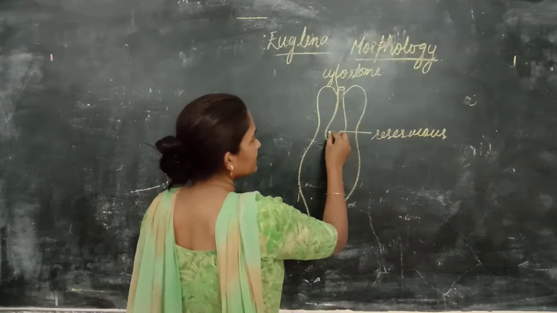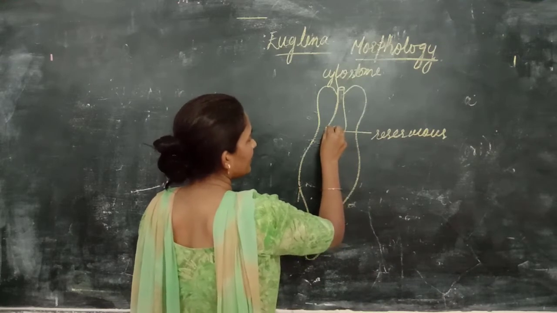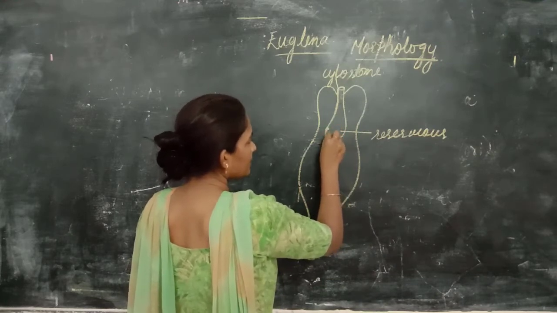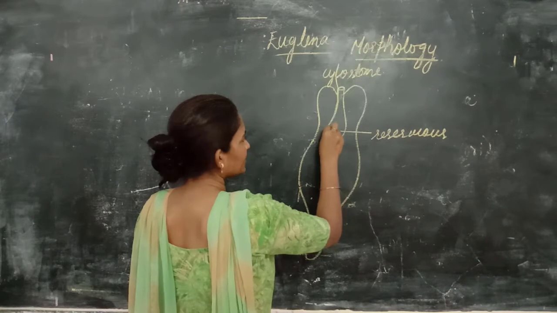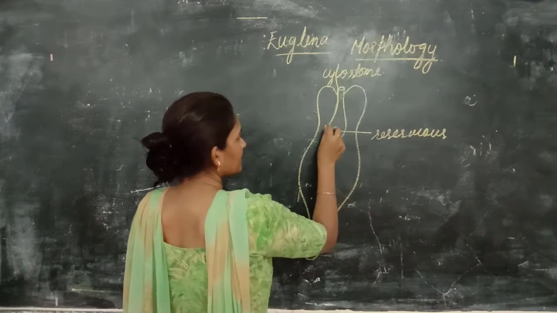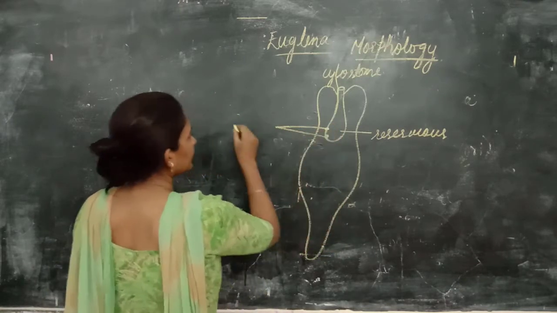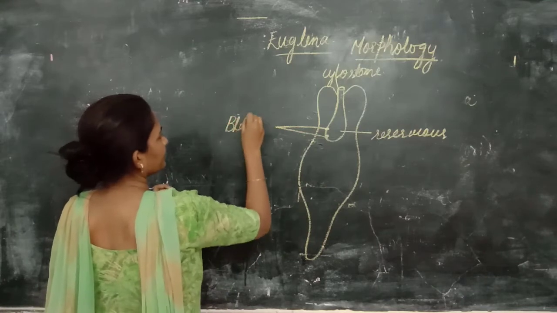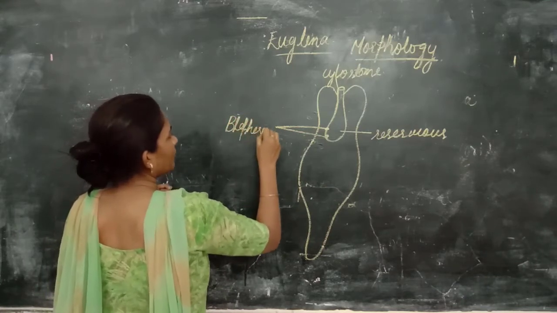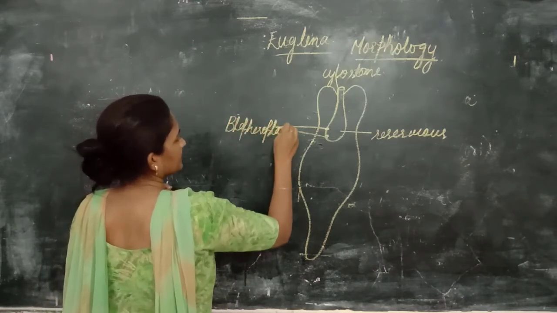So in this reservoir, there are two granule-like pointed structures which are called blepharoplasts.